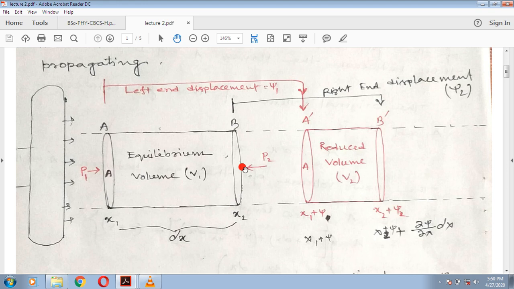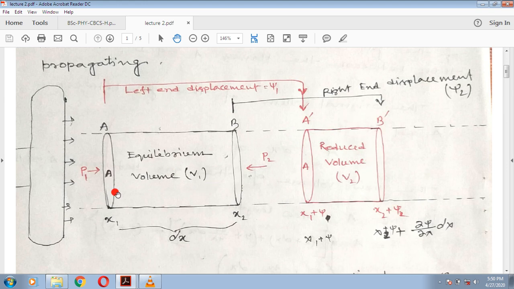What will the resultant force be? Force is P1A along the x direction and P2A will be in the negative x direction, so the resultant force will be P1A minus P2A. Due to this force, the segment will displace to this position.